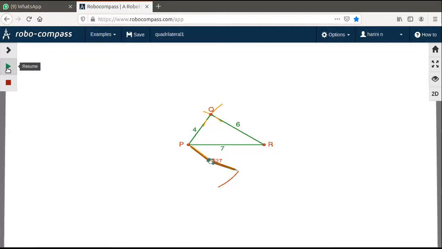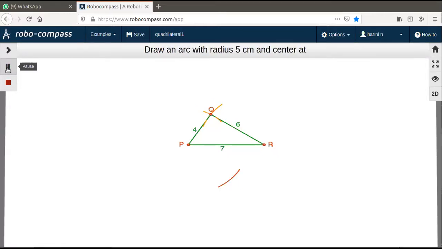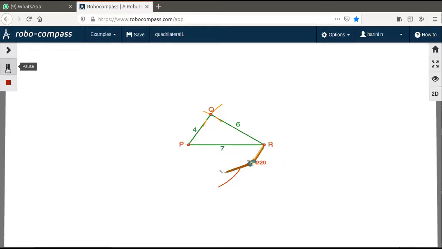Okay, what is the next step? Now your compass has to go and sit on R. So with R as center and radius 5 centimeters, you will cut the second arc. Now see, the arc is sitting on the point R. Can you see? Are the two arcs intersecting? Yes, ma'am. Good.